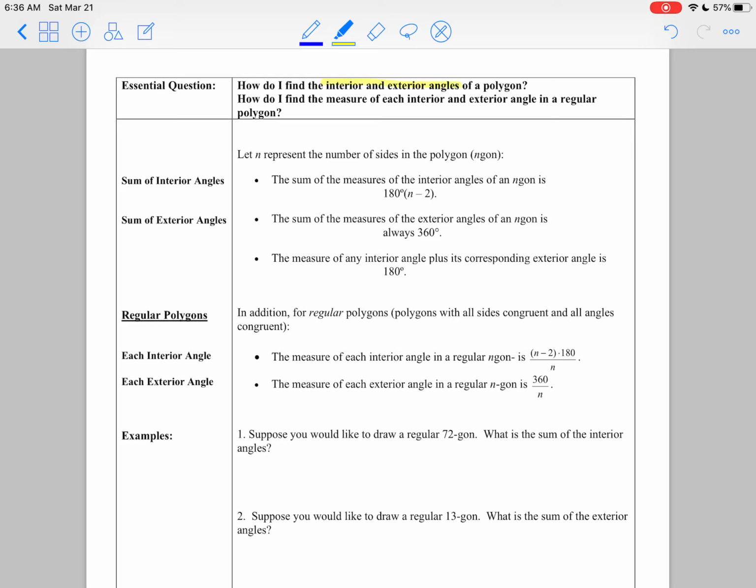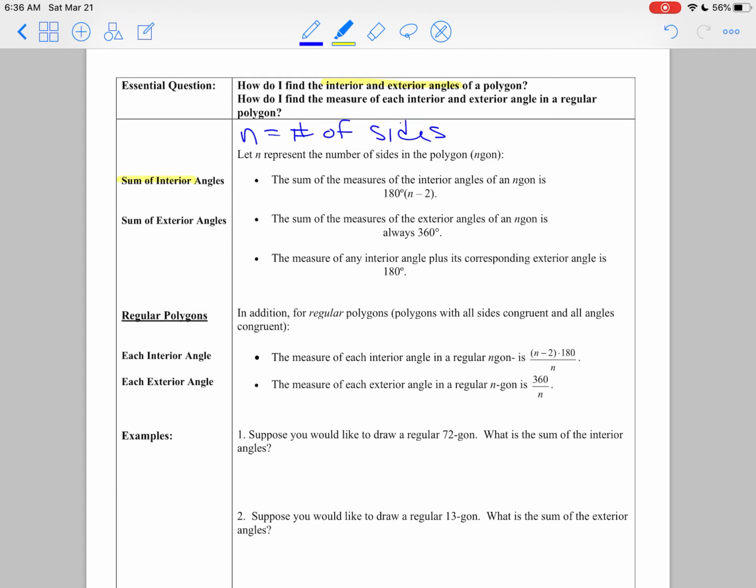So this one's going to be looking at finding the interior and exterior angles of a polygon. For all of our formulas, n is always going to represent the number of sides. So whenever you see n, you know that represents the number of sides.